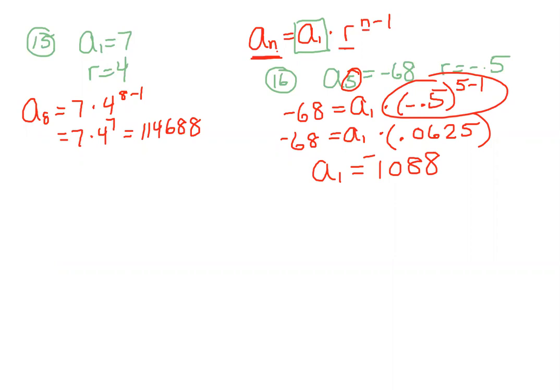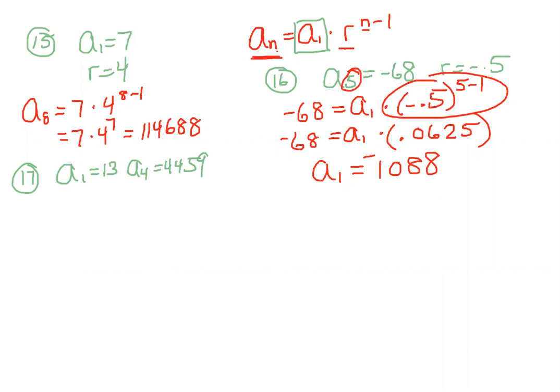Look at number 17. We're given an A1 and an An, so we have an n, but we don't have an R. So we're going to have to find the R. Okay, so we have A1 equals 13, A4 equals 4459, and we're looking for A3.